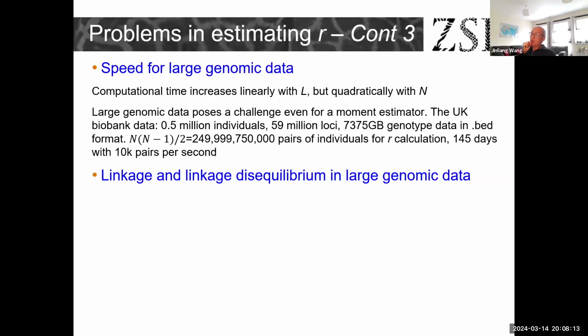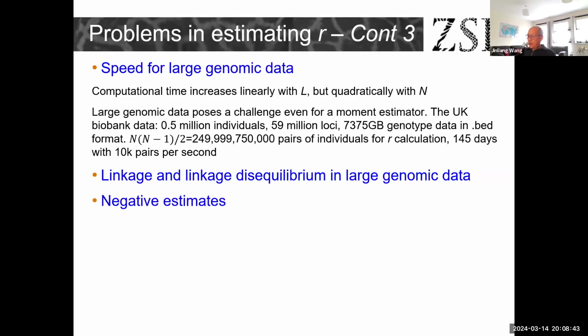All markers could be highly linked and in high linkage disequilibrium. But I would say this is not a problem. If we are interested in the point estimate of relatedness, not their confidence intervals, I wouldn't think linkage and linkage disequilibrium is important. It's not.